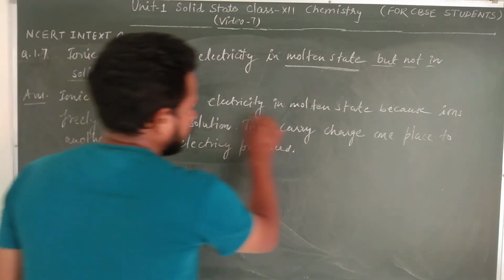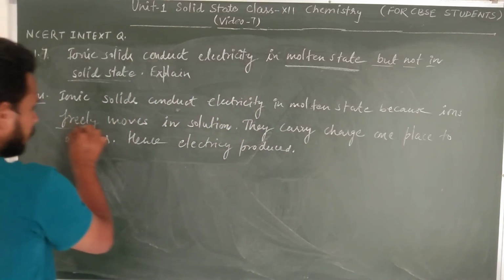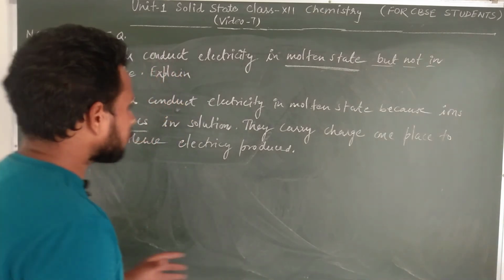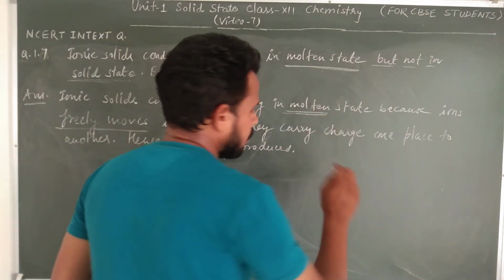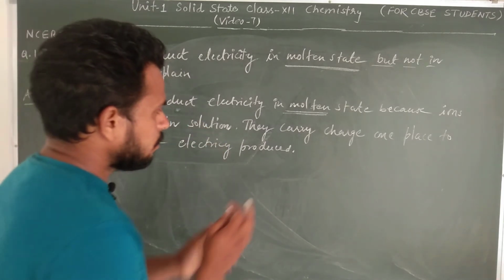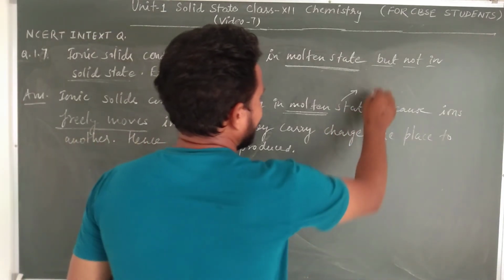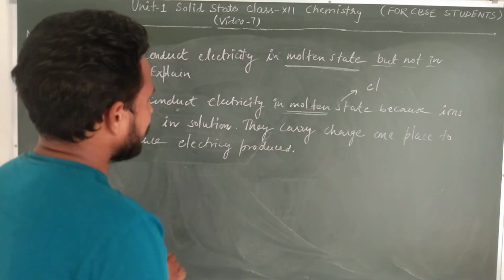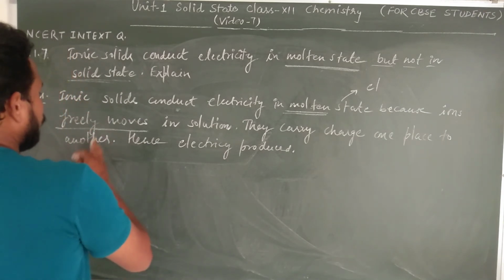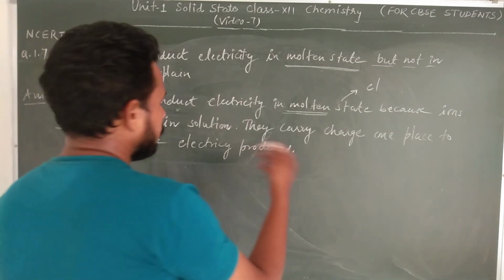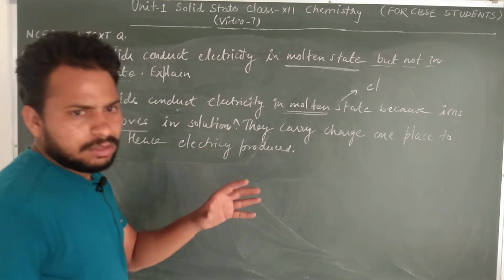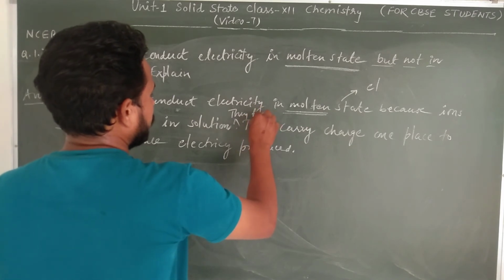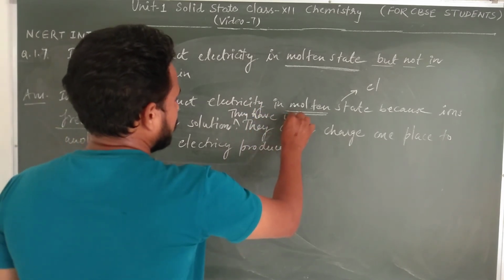Ionic solids conduct electricity in molten state because ions move freely, and in molten state we can also add one thing, the electrostatic force. Ions move freely because they have weak electrostatic force.